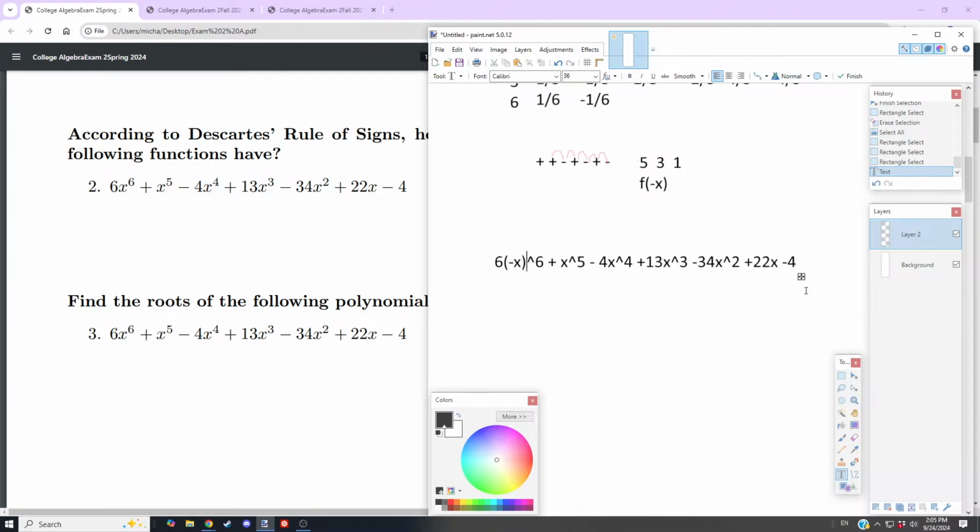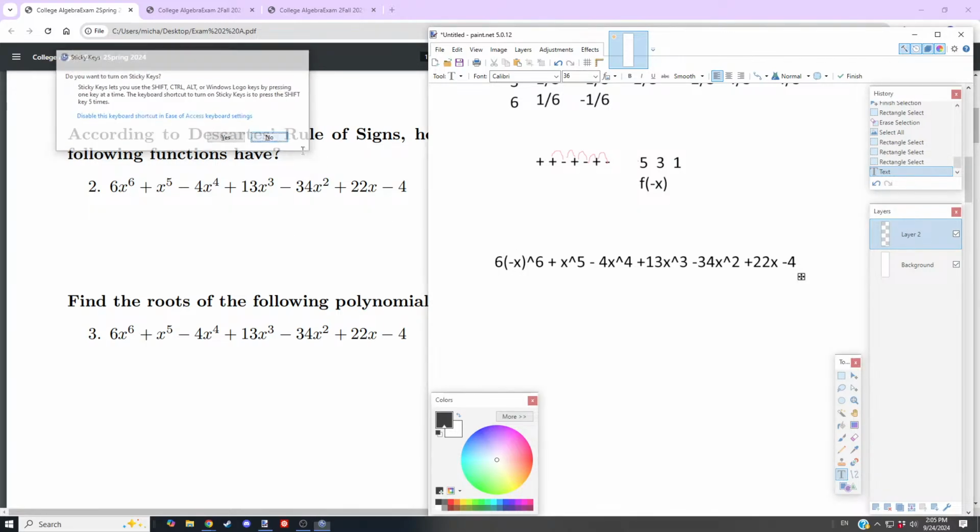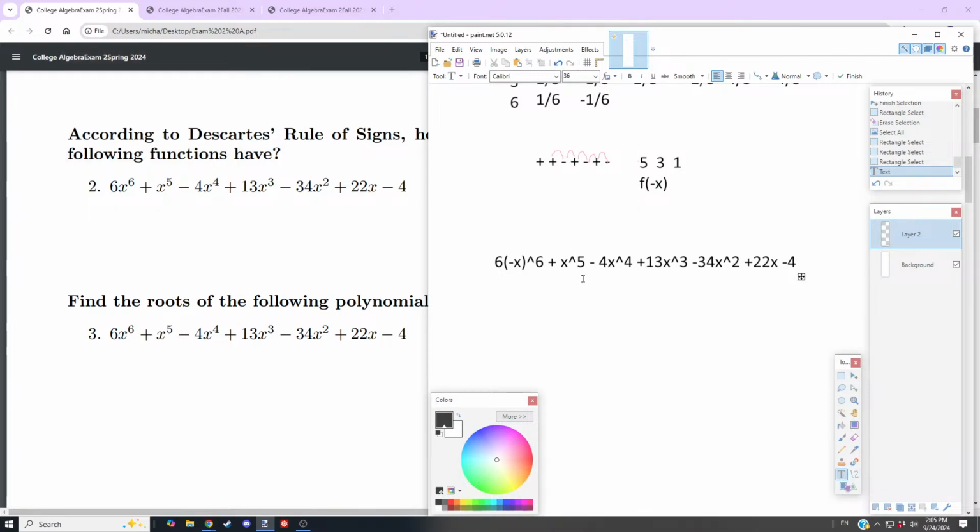So if we do this, we will notice that a negative x to an even power, the negative signs all cancel.